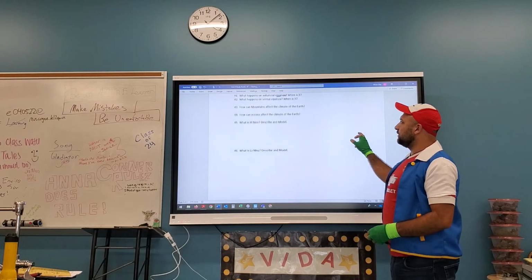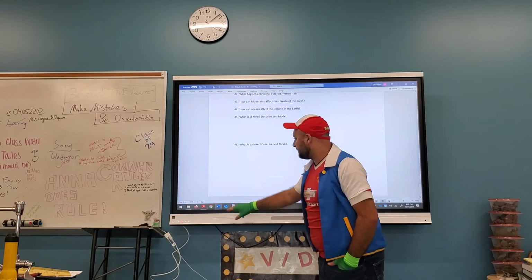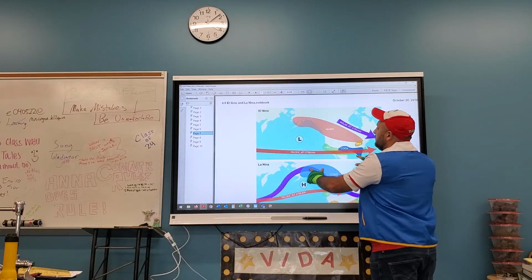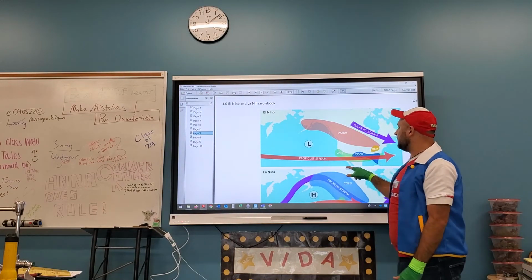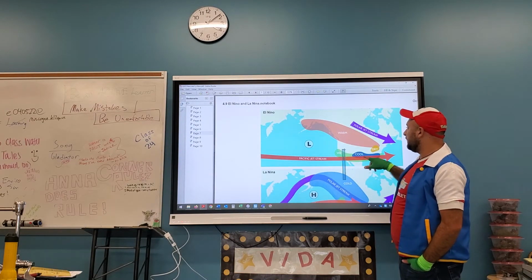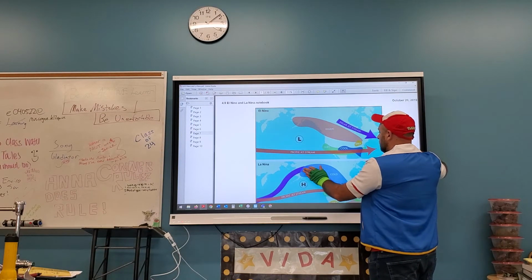What is El Nino? Describe and model. So El Nino, if I can find my specific thing here. Here we go. El Nino is simply this. You have this Pacific jet stream coming across, and it's basically just some nice warm air here. I should zoom out a little bit to get the La Nina in there.